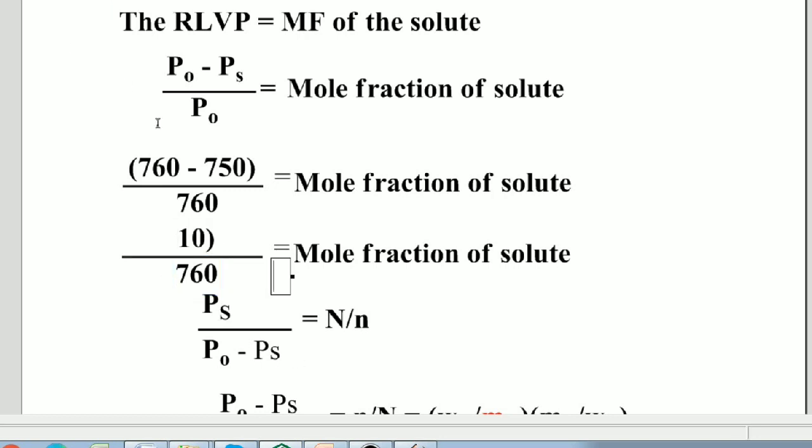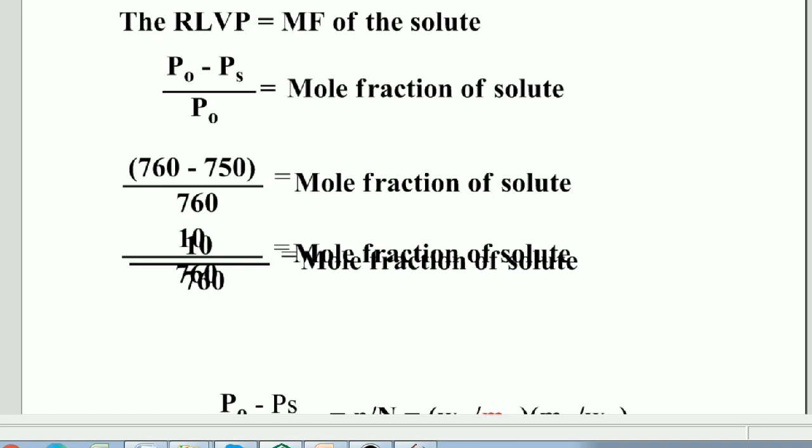Now, 10 by 760 means, as we know, students, 1 by 76.